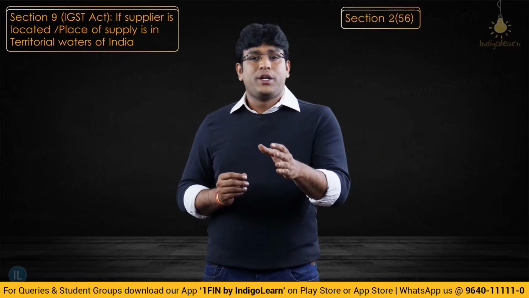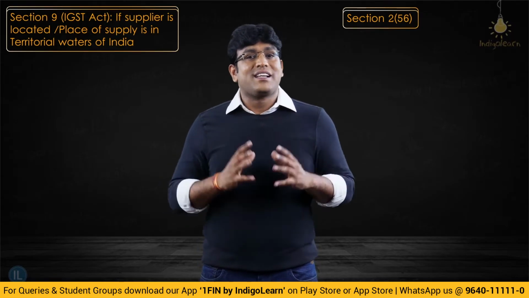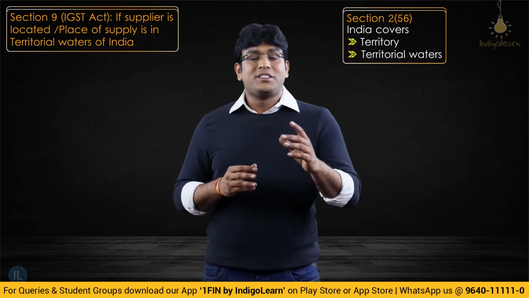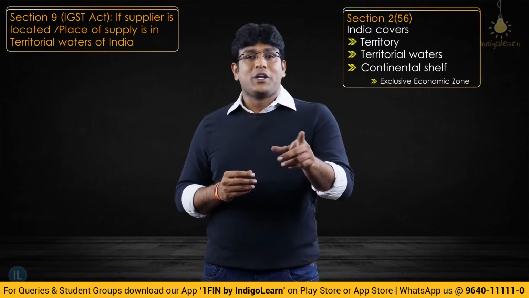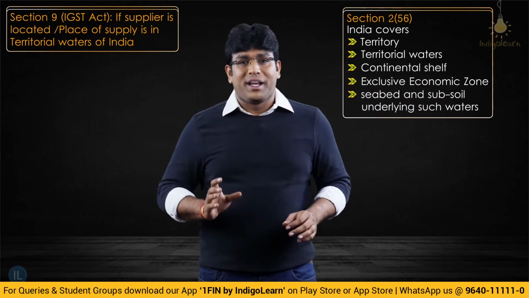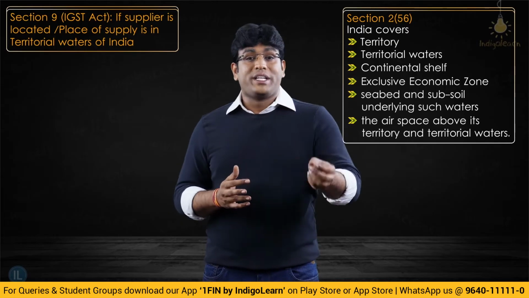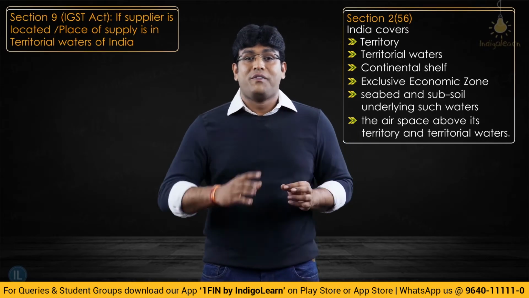We already learned the definition of India as per Section 256. We already discussed that India covers territory, territorial waters, continental shelf or exclusive economic zone, soil underwater and airspace above territory and territorial waters. So territorial waters is covered in the definition of India.